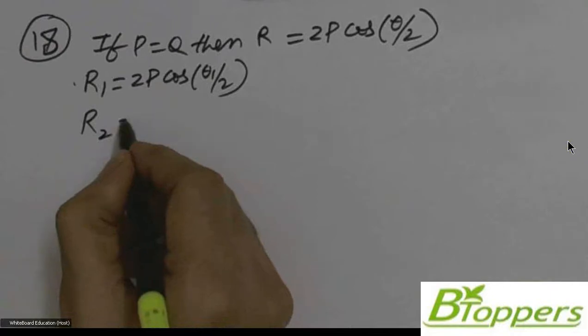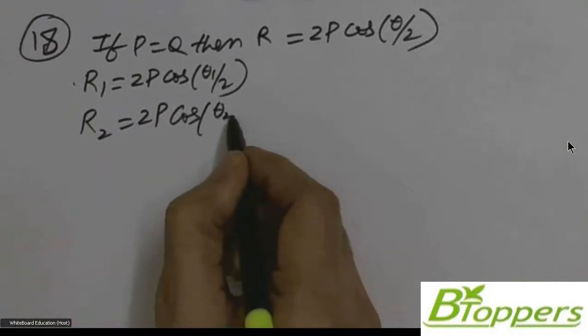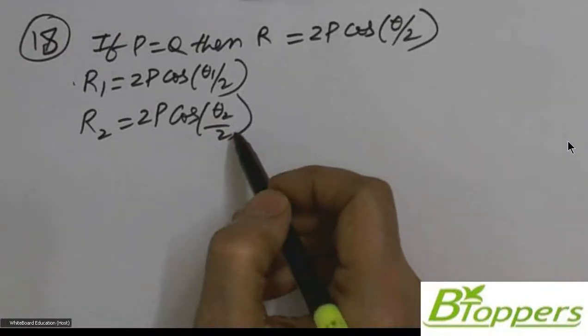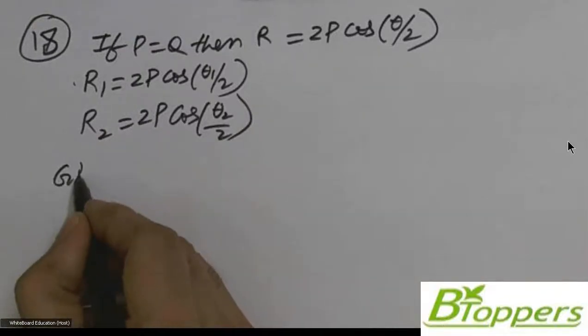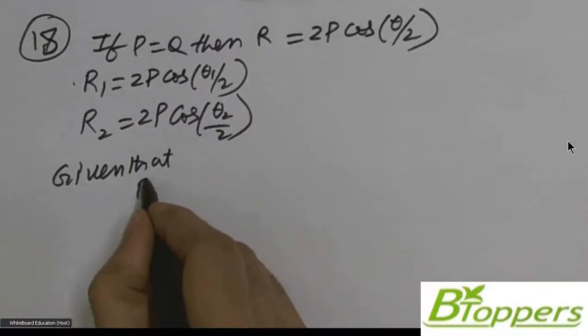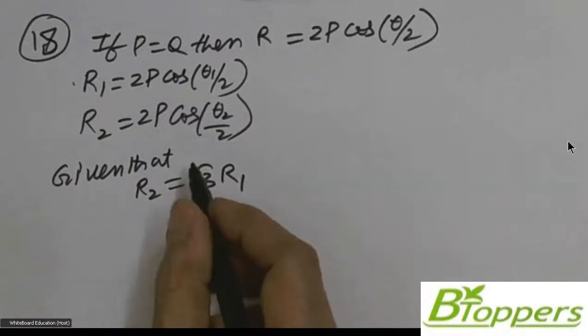The magnitude of the resultant in the second case is denoted by r2. Theta 1 is the angle between the two forces in the first case. Theta 2 is the angle between the two forces in the second case. It's given that the magnitude of the resultant in the second case is root 3 times the magnitude of the resultant in the first case.